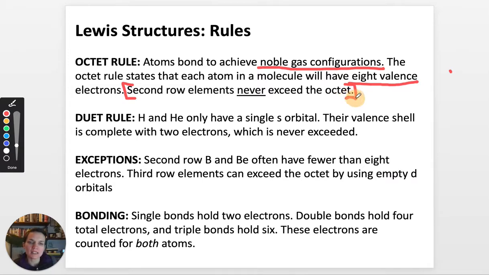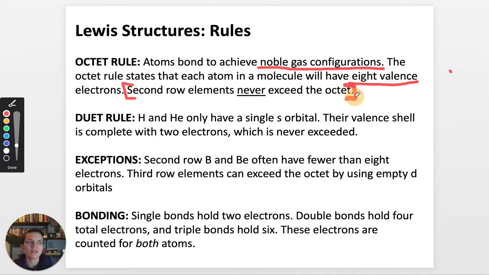So those elements that are lower than the second row of the periodic table are unique in that they have d orbitals that they can hybridize. Now we're going to talk about that a little bit in chapter 9. That's actually most of the material that we cover in chapter 9 is hybridization. So don't focus on that right now.